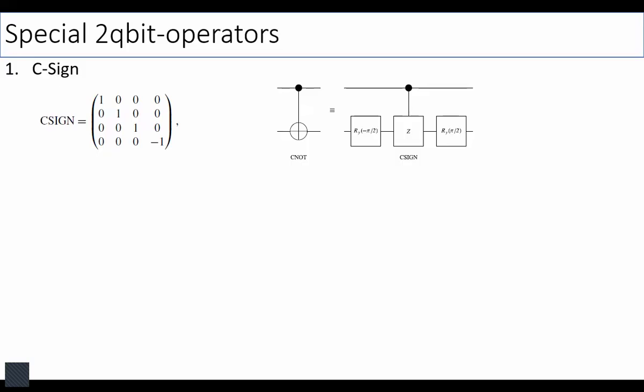So I apply Ry to the second qubit, and this would be identity and Ry.